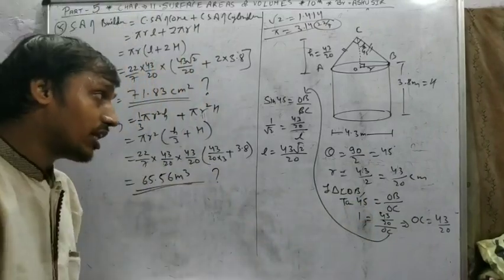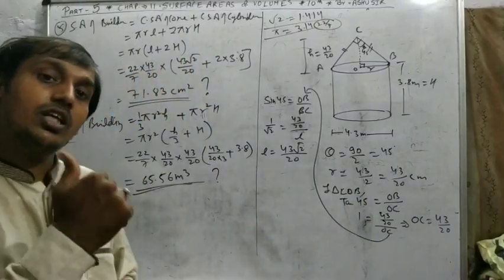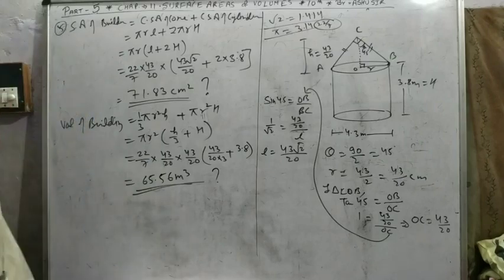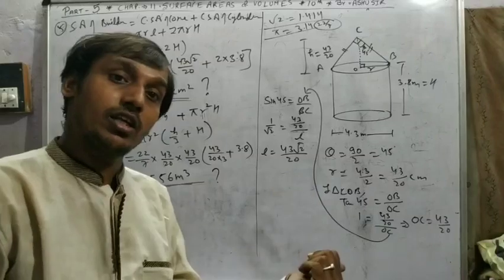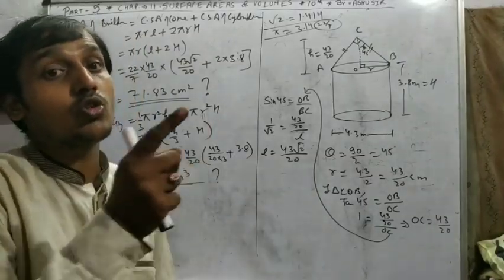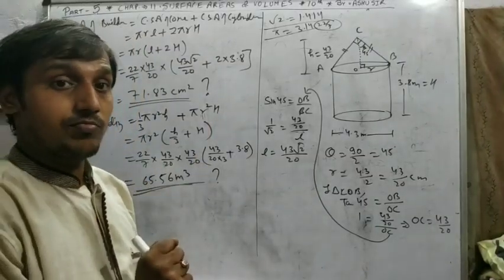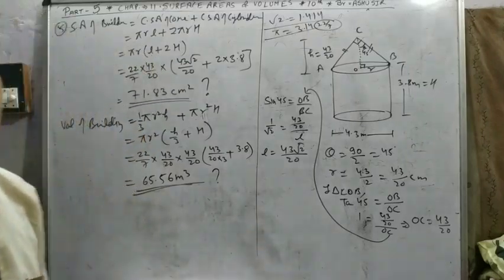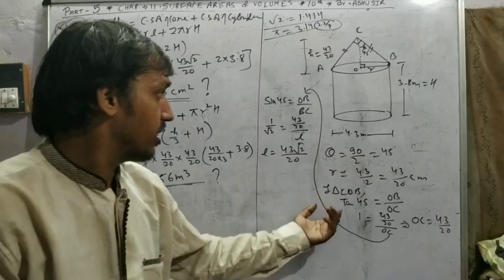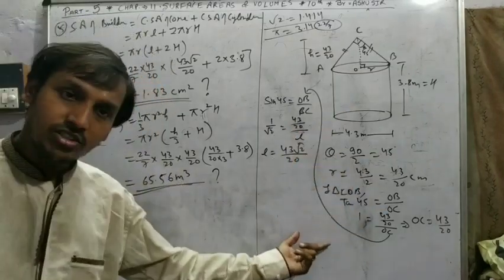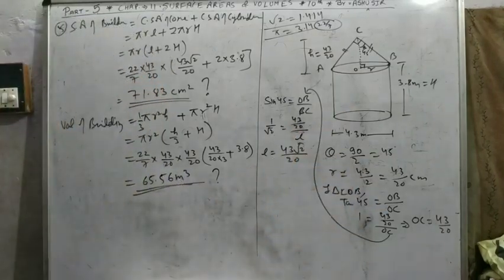Don't think that trigonometry is only the chapter on trigonometry. This chapter also includes trigonometry and triangle similarity, and some more topics are used here. So the motive is to explain this topic. I hope you understand. Pause, and note it down.